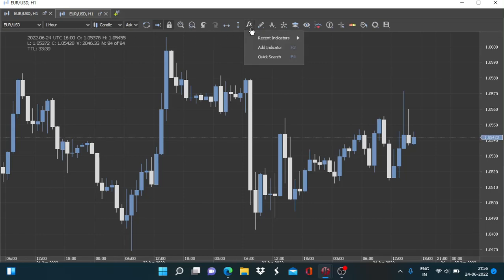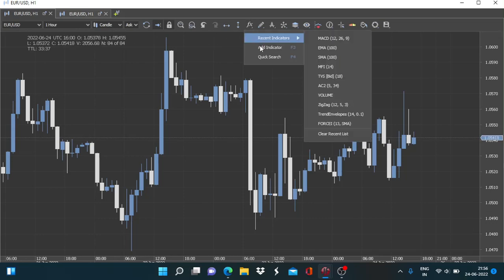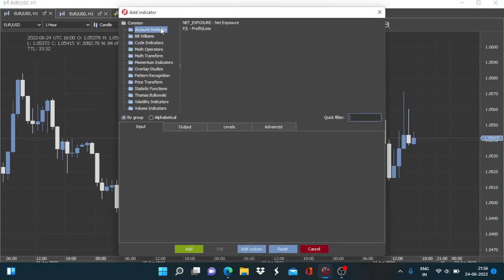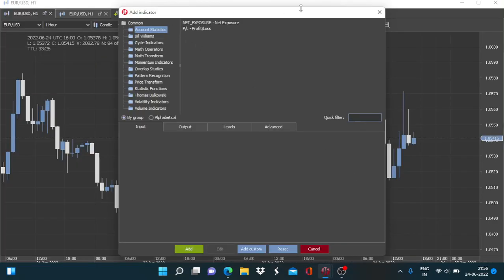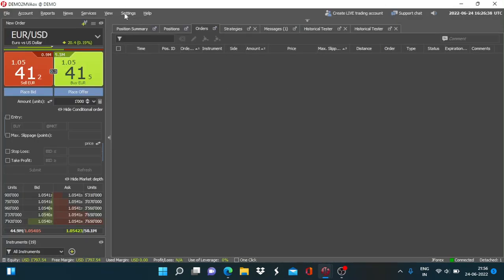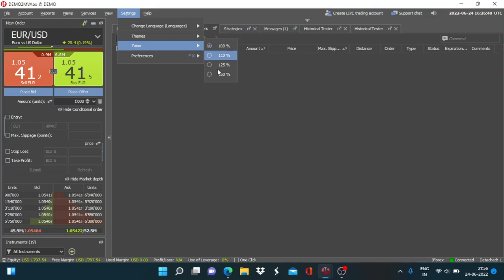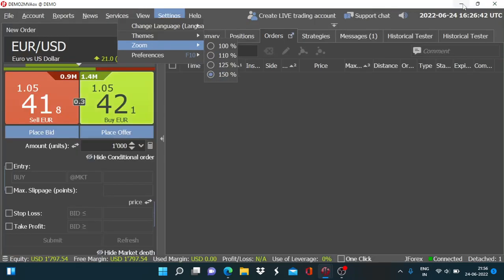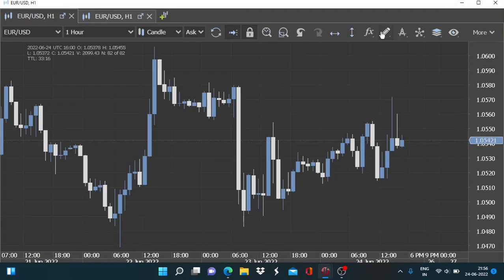So all these indicators are provided here, and let us now again look for other kinds of indicators which are available to us. I will again make the resolution higher so it is easier for us to read the names, and for that I will change the zoom to 150. Okay, so it becomes easier for us to look at the names of the various indicators.